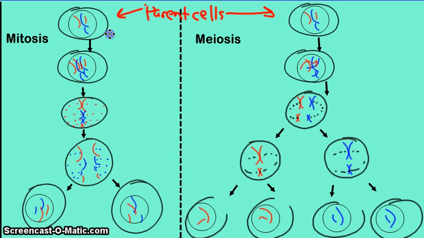So in these cells, which we're using as examples, there are 8 total chromosomes. And before meiosis or mitosis occurs, we have replication of the DNA, and we end up with 8 chromosomes, 4 copies of the long, 4 copies of the short. Okay.